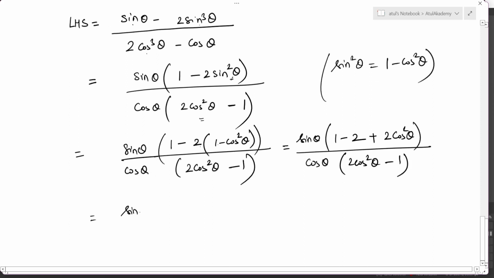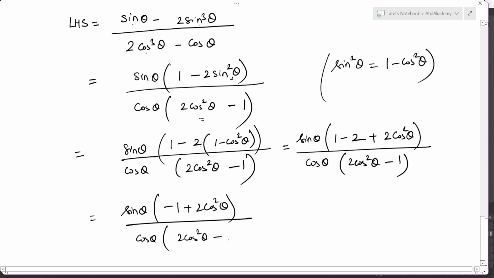So I'll write sine theta times minus 1 plus 2 cos square theta divided by cos theta times 2 cos square theta minus 1. Both the things are same only. This is minus 1 plus 2 cos square theta, this is 2 cos square theta minus 1. So I can cancel this thing. So I'm left with only sine theta by cos theta, which is tan theta, and that was the RHS only.